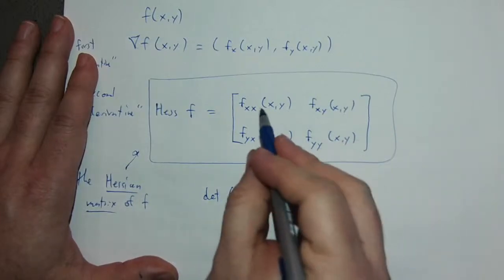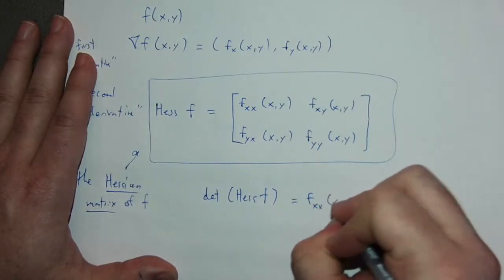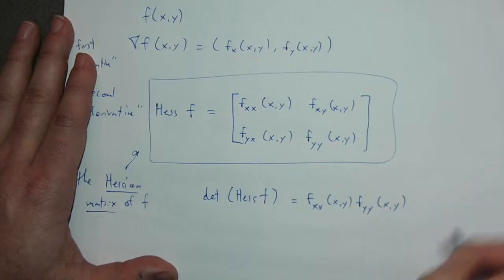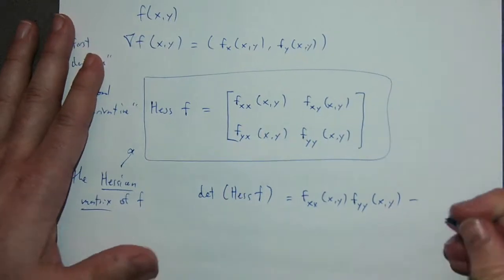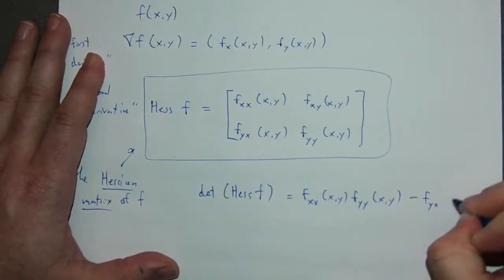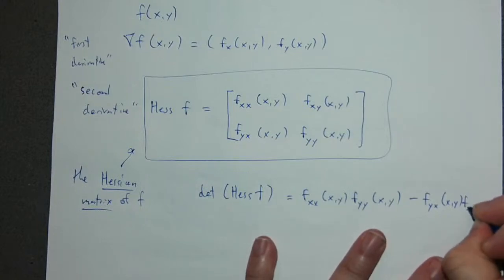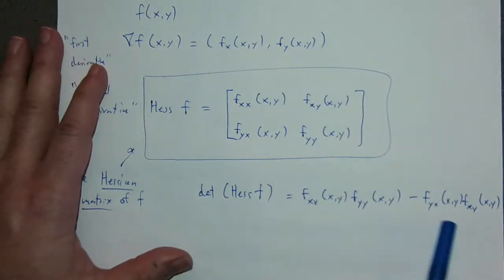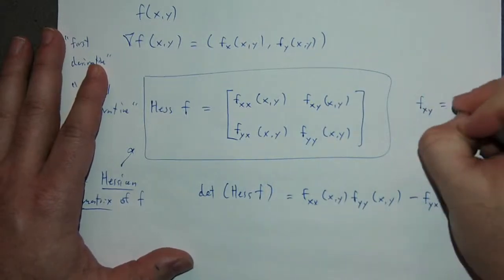Well, it is f sub xx times f sub yy minus f sub yx times f sub xy. But what do we know about the mixed partials if f is nice? Well, if f is nice, these are the same.